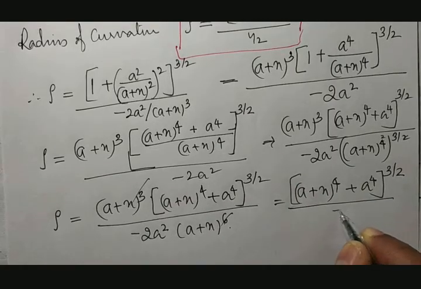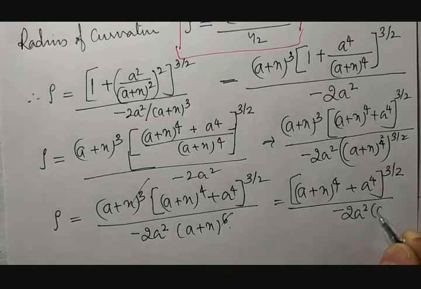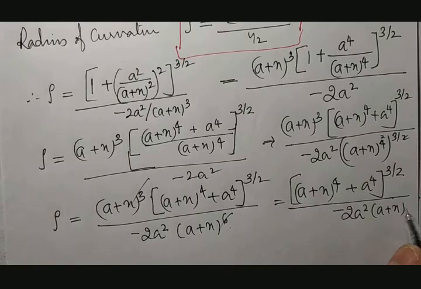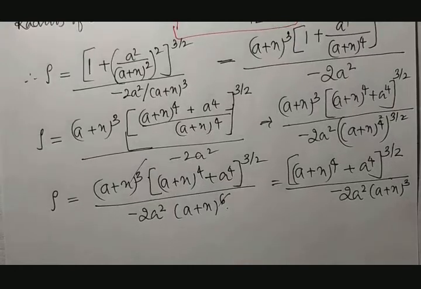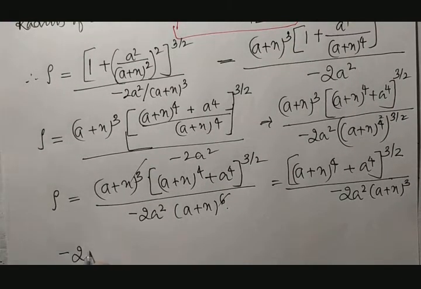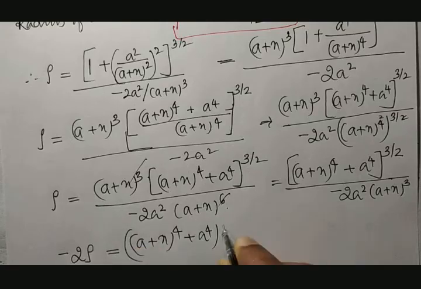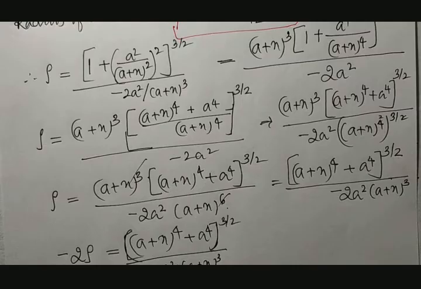This whole thing divided by minus 2a square into a plus x raised to 3 after cancellation. We do one thing, we'll send this minus to the other end. Then it becomes minus 2 times rho is equal to a plus x raised to 4 plus a raised to 4, that whole raised to 3 by 2, divided by a square into a plus x raised to 3.